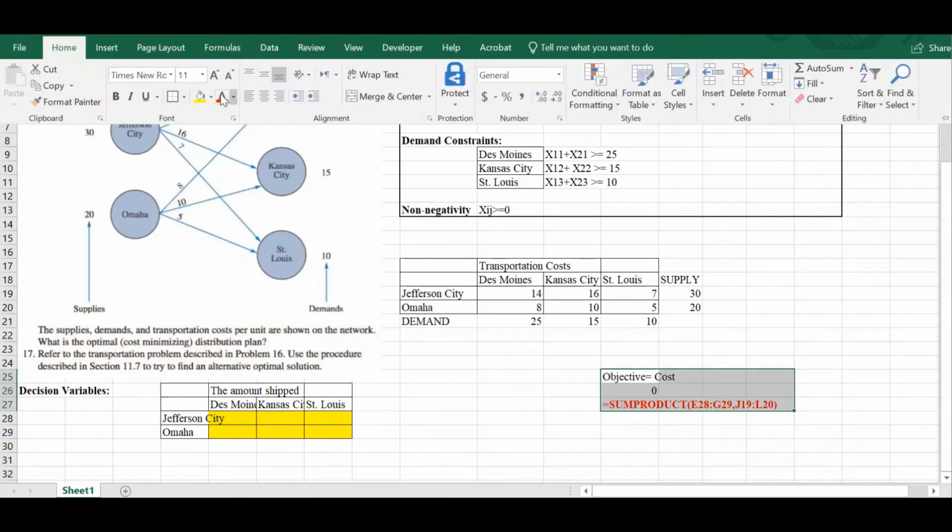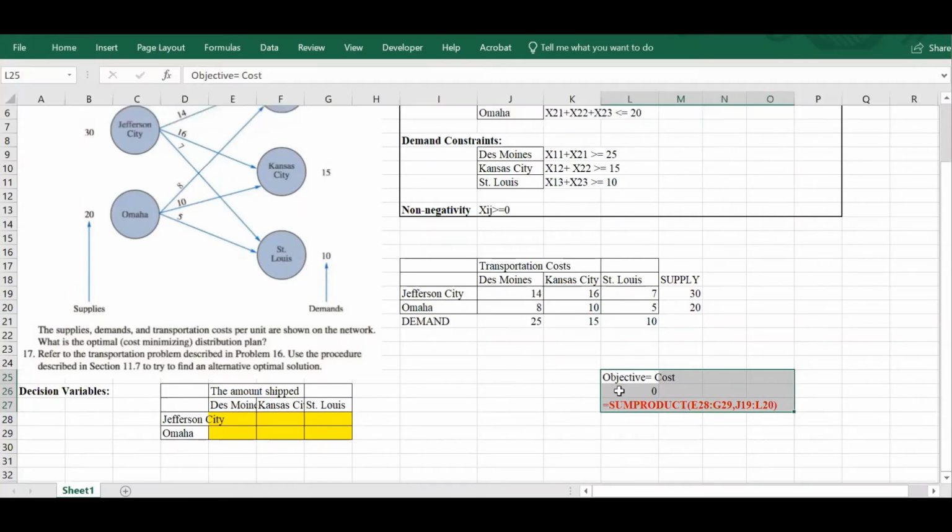And then we have these demand and supply constraints.